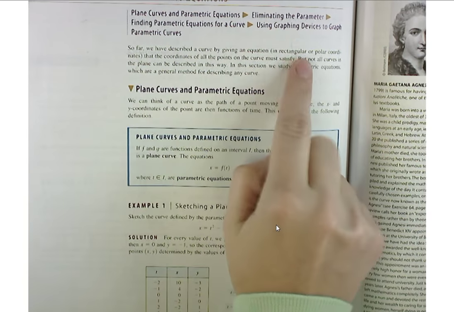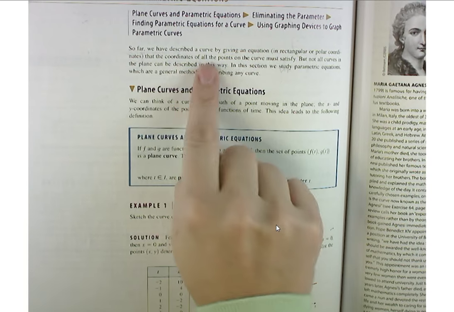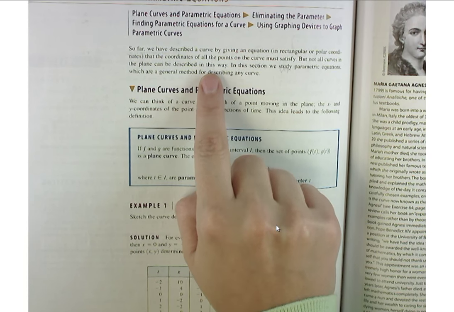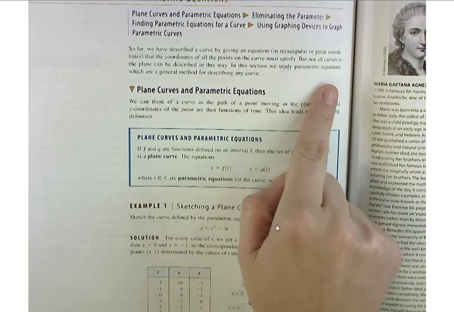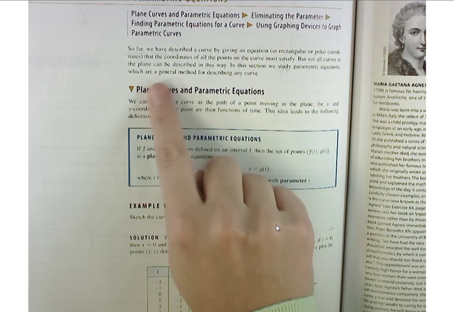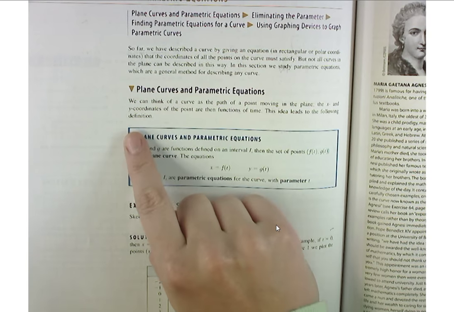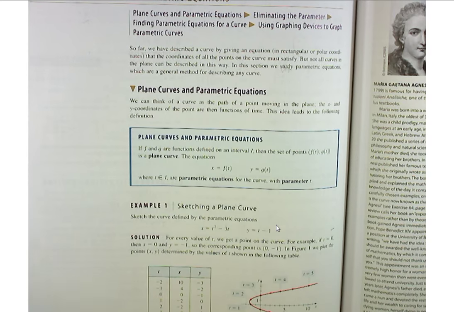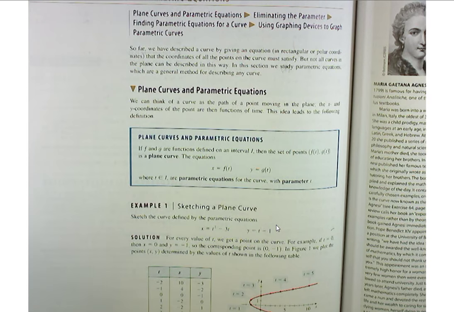We've done rectangular and polar coordinates, and not all curves can be described using polar or rectangular, which is why we study parametric equations, because you can use them to describe any curve. You can think of the curve as the path of a point moving in the plane, so the x and the y are going to be functions of time.